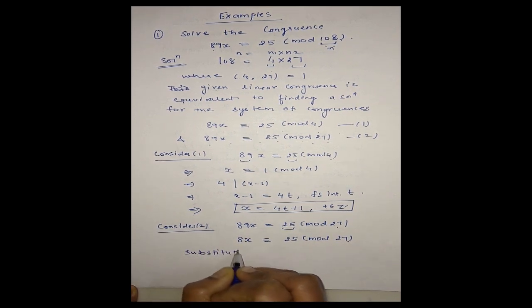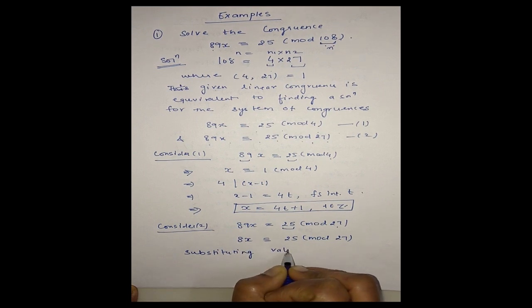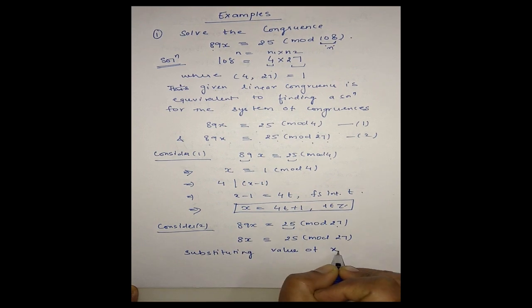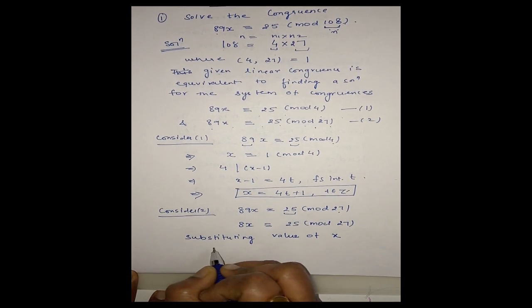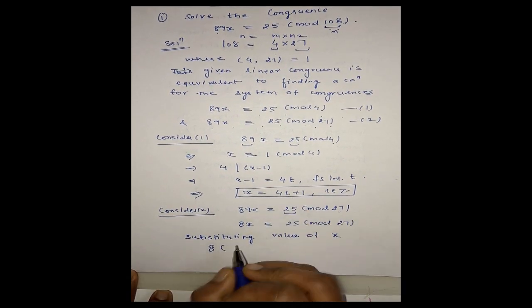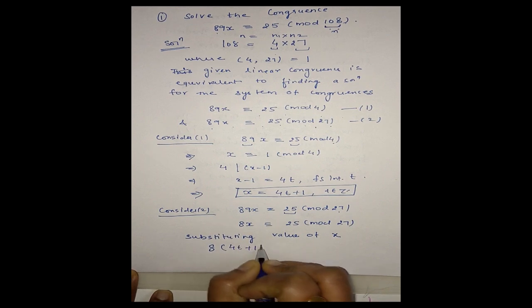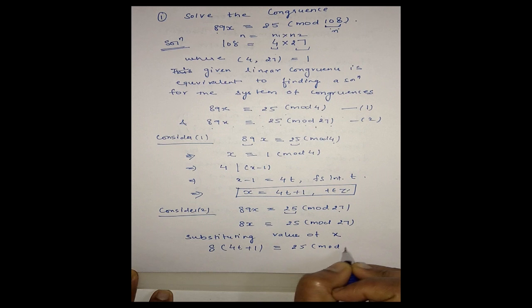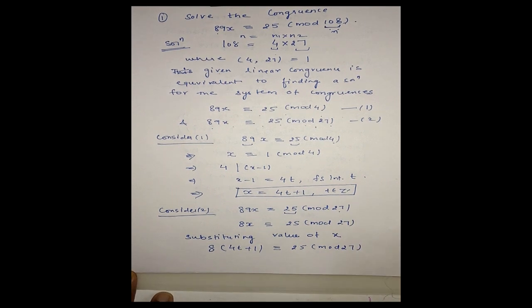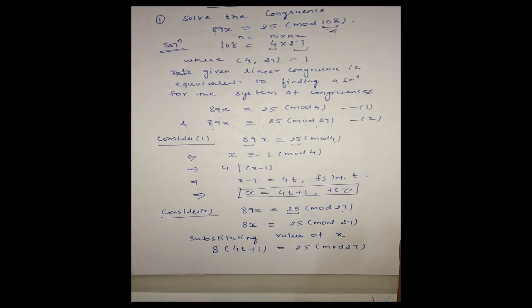Substituting the value of x, we get 8 into (4t plus 1) is congruent to 25 modulo 27. I can write it like this since we want a simultaneous solution. We want to solve the system of congruences.